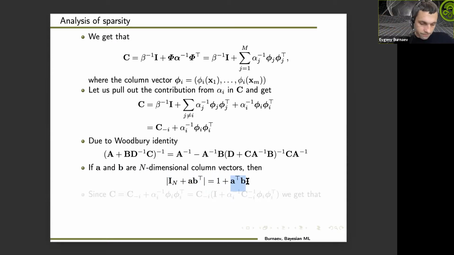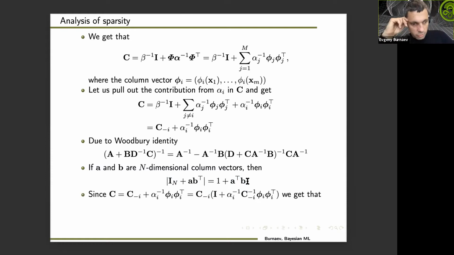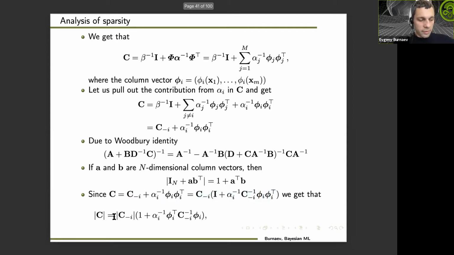linear algebra. And so what we get, since the matrix C can be represented in this way, we can take this matrix out of the brackets and we get this expression. Then we get that the determinant of this matrix C can be calculated as follows, thanks to this identity, right?